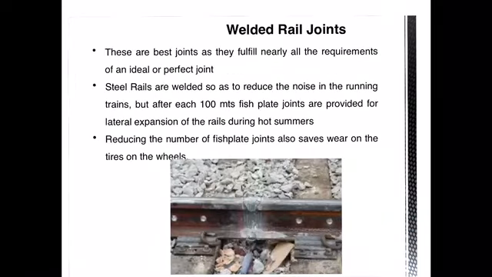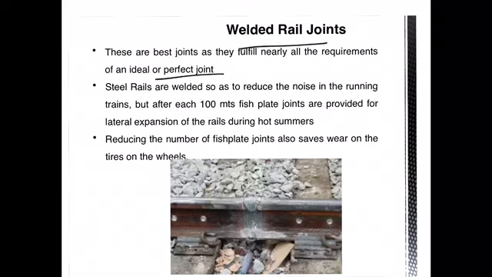The next type of joint is the welded joint. We already know why welded joints are provided. If you want to increase the length of the rail without any fish plates and fish bolts, without providing the joints, you can go for welding your joint section. These welded joints basically fulfill almost all the ideal requirements of a joint, and you can call this a perfect joint. Two steel rails are welded so as to reduce the noise of the running train.